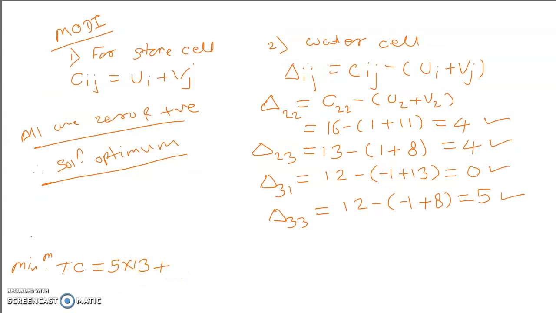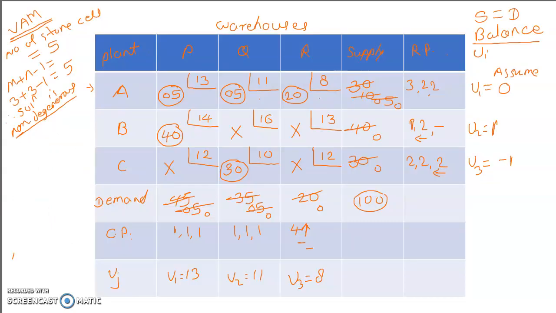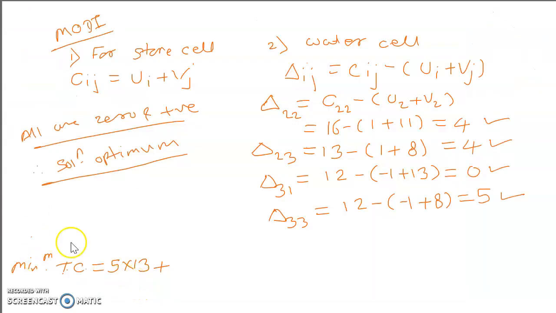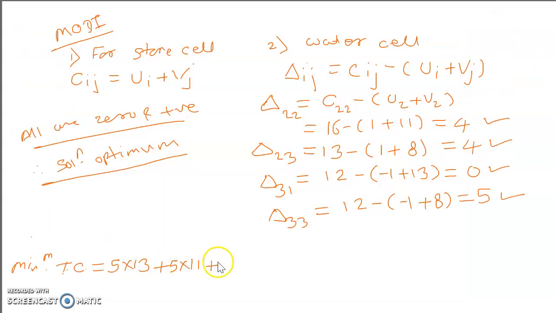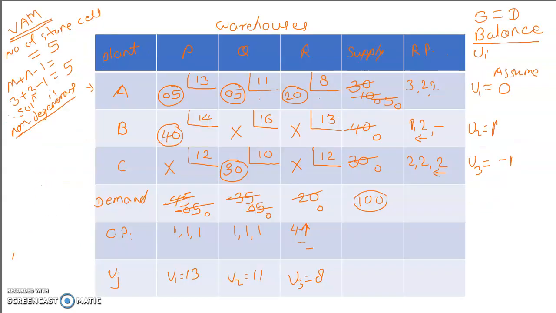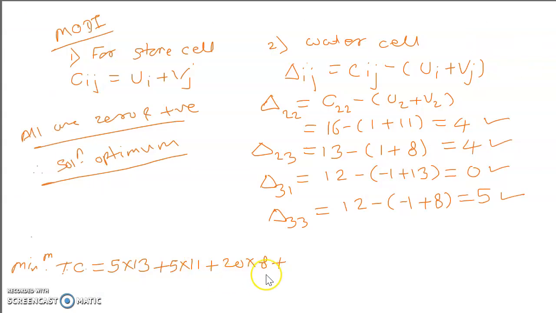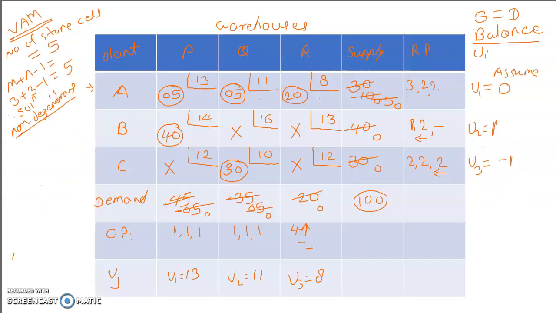In the second cell also 5 into 11, plus 20 into 8, plus 40 into 14, plus 30 into 10.